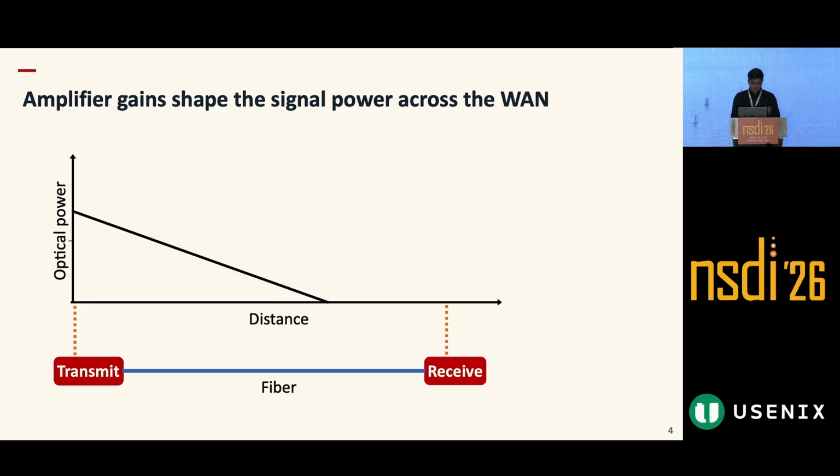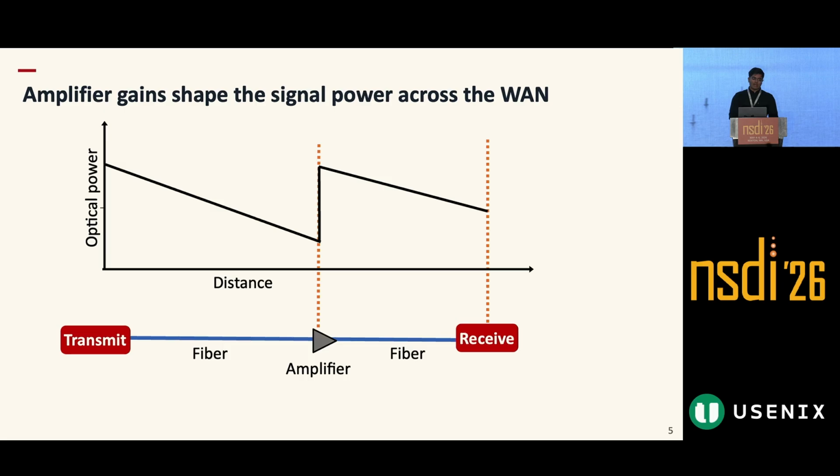As the signal propagates over the fiber, the optical power keeps on reducing. And because the optical power gets too low, the receiver is not able to decode the signal properly. But if we add an amplifier, the optical power would again increase, and you would receive the signal.